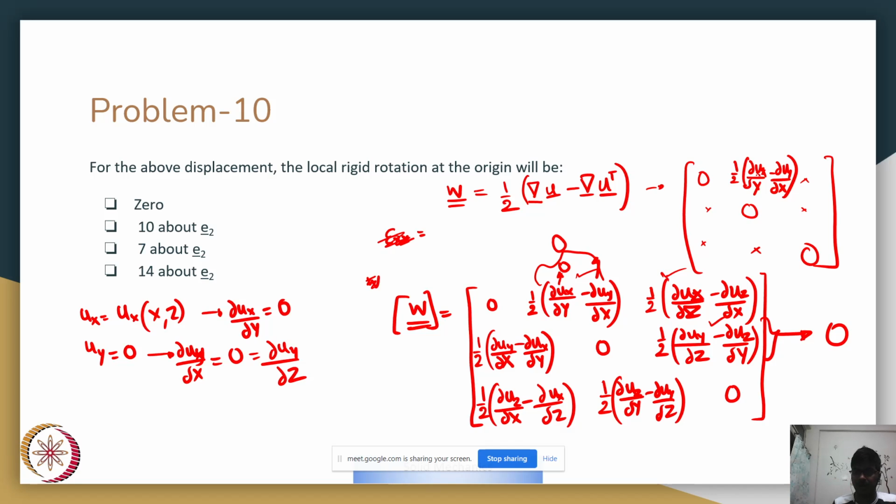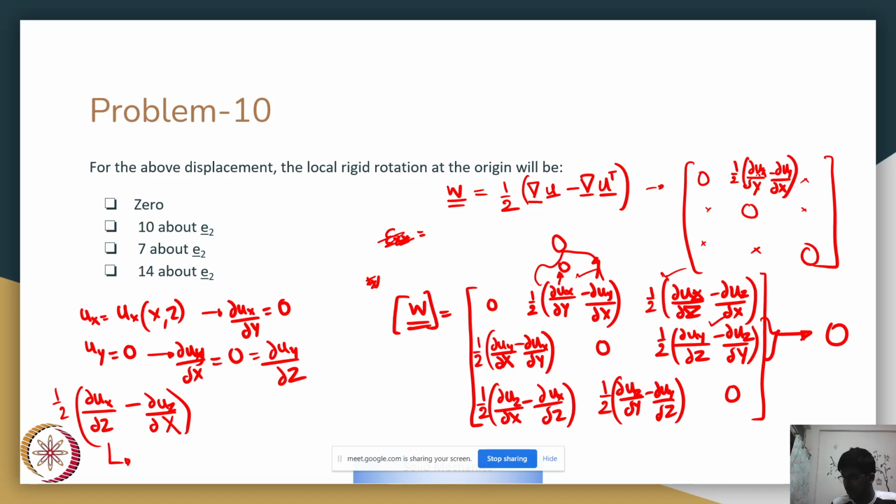The only non-zero term seems to be the third one, which is half of dou ux by dou z minus dou uz by dou x.